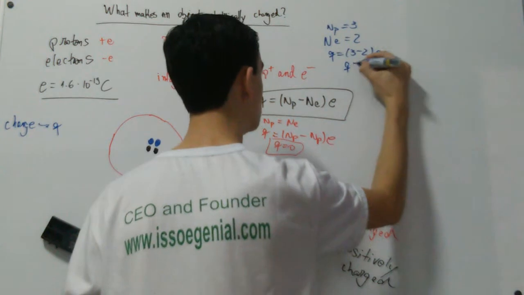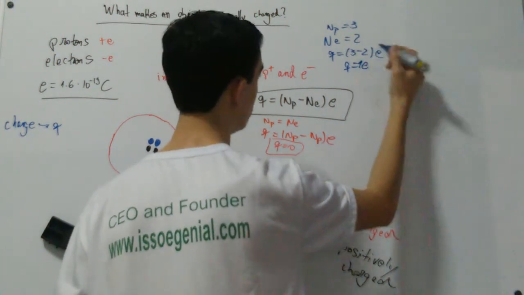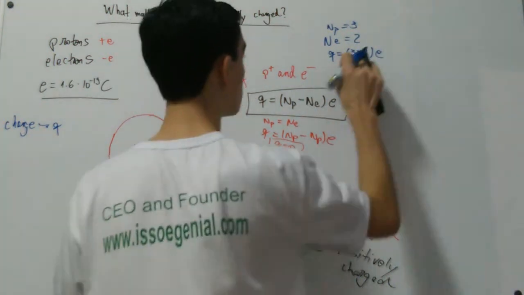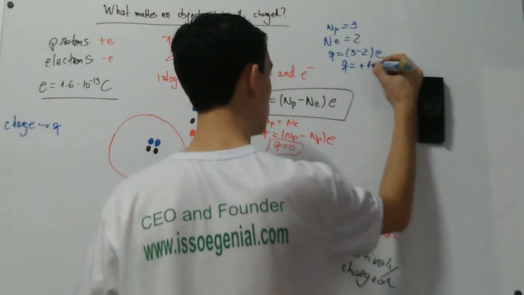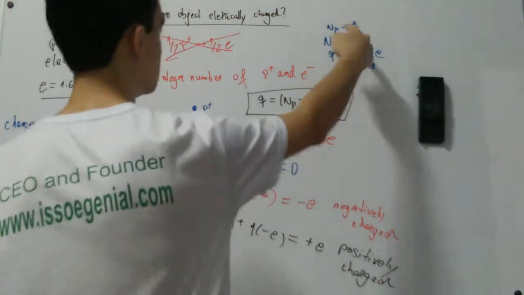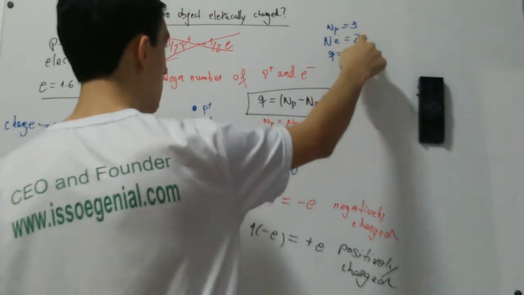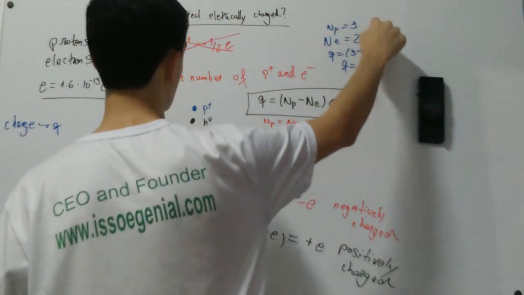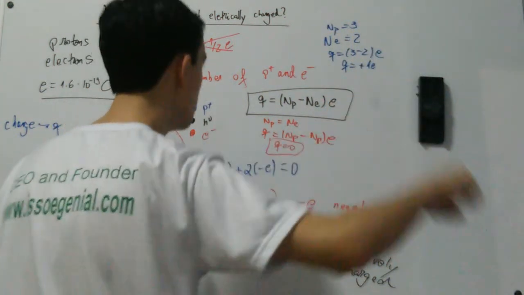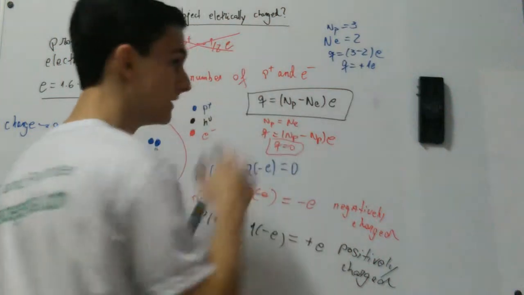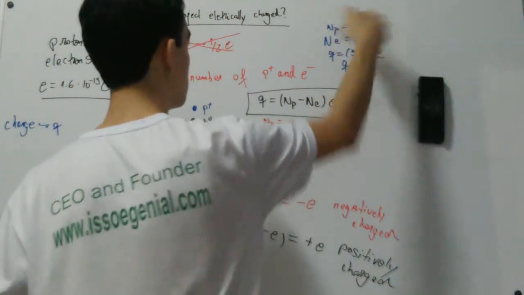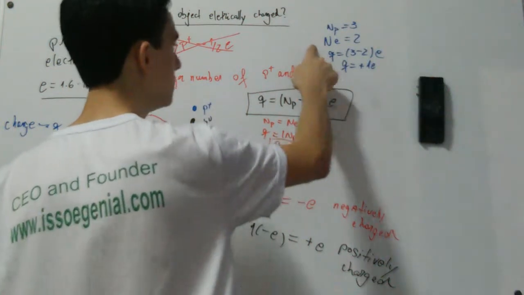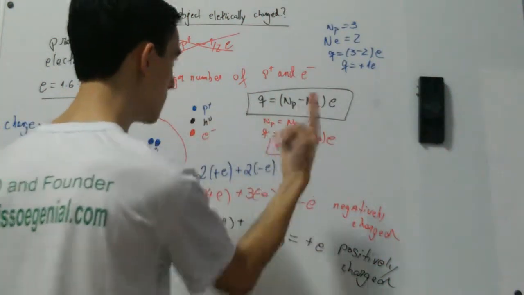Let me write it differently: Q is equal to positive 1E. Notice that you have 3 protons. 2 of those protons are equalized by the electrons, so the difference of charges here is only 1 proton. The other protons are neutralized by the electrons. The difference is 1 proton, so it's 1E, that is the charge of 1 proton.